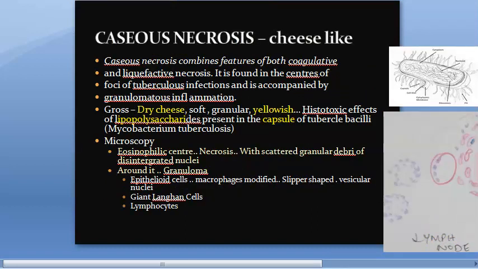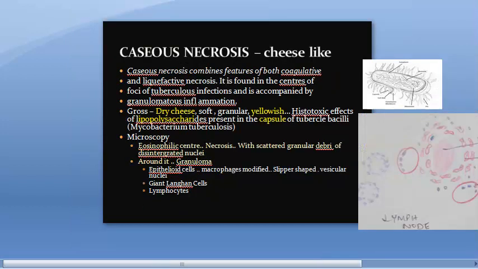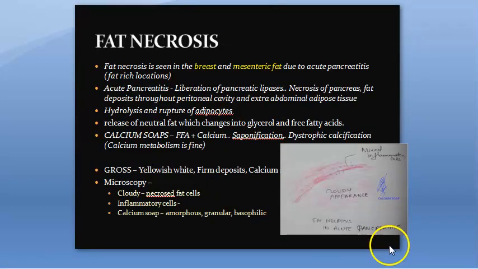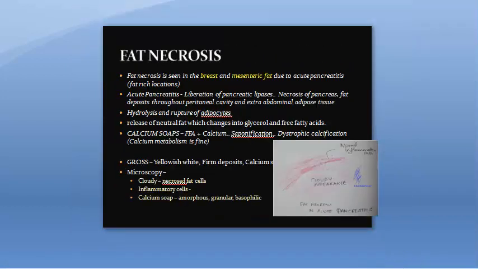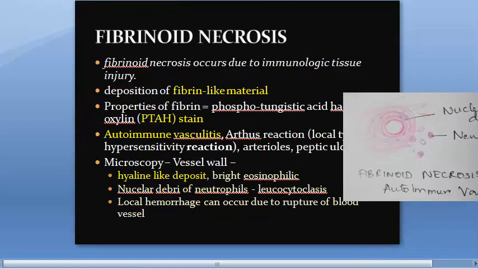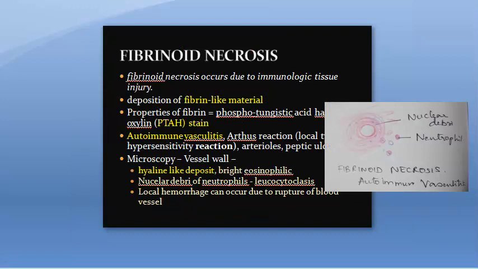Caseous is a combination of coagulative and liquefaction, and TB. That is a combination of both. The last one is fibrinoid necrosis.